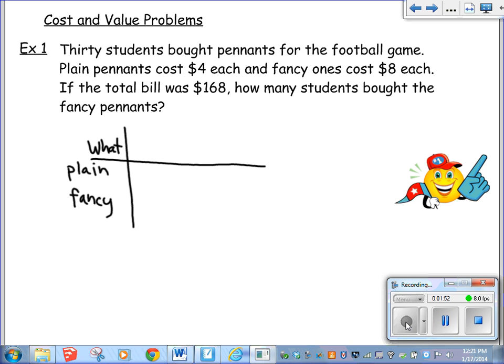There's the amount of pennants involved in the problem, so I'm going to title my second column, how many? Then there's a cost for each one, cost each. And then there's a total value of those.